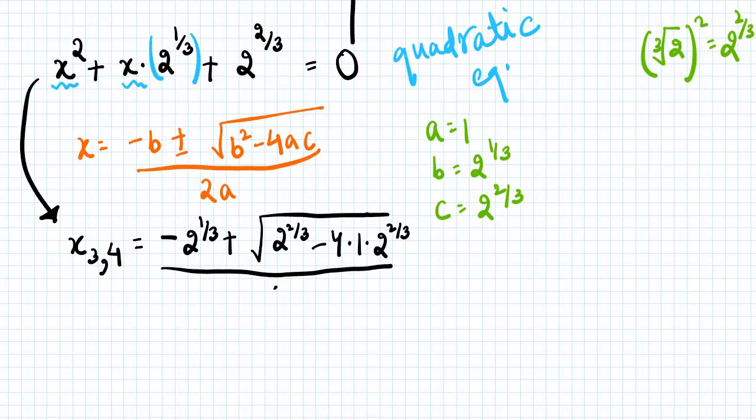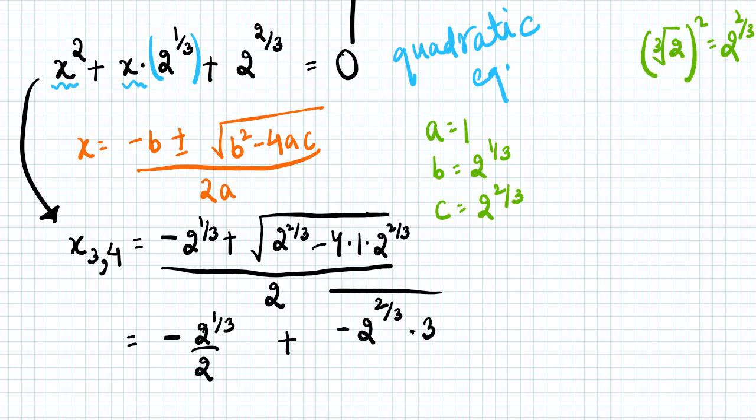Continuing with 2, let's split them. This divided by 2 plus 2 power 2/3 common, then 1 here, 4 here, negative of 3. Okay, here we are entering the imaginary number.